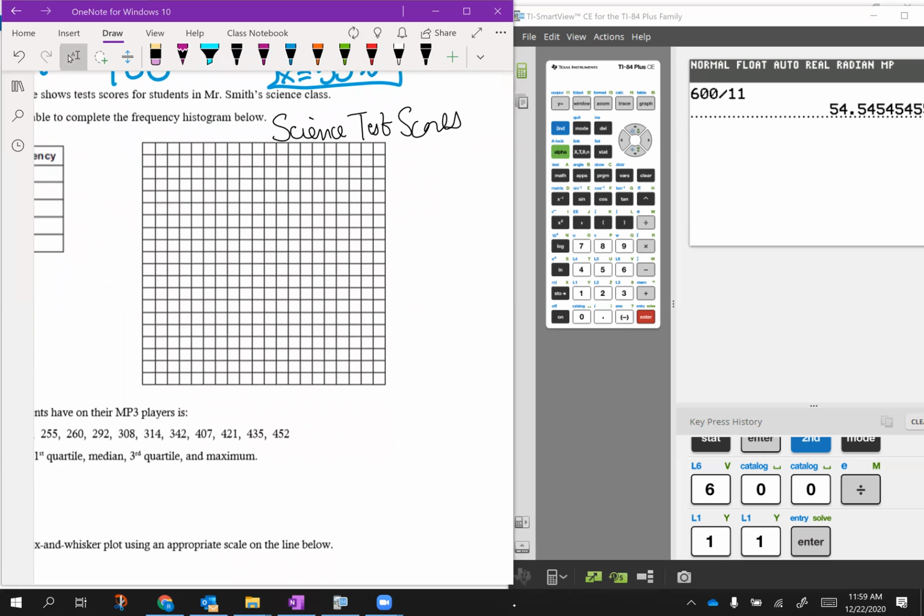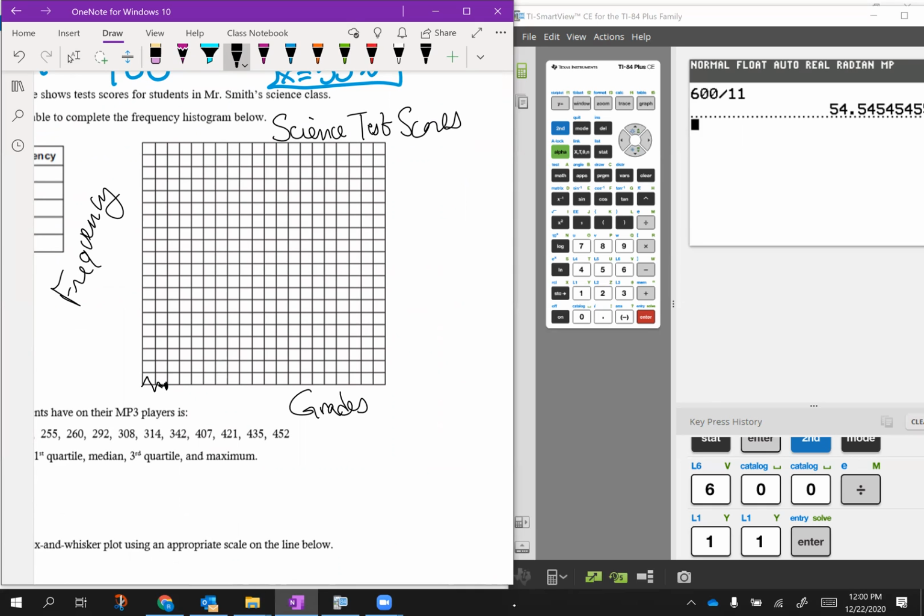So at the bottom, we have our interval for grades. And on the side, we have frequency. Did anyone get a 0 on the test? Nope. So again, we don't have to start right at 0. So we put a little break.